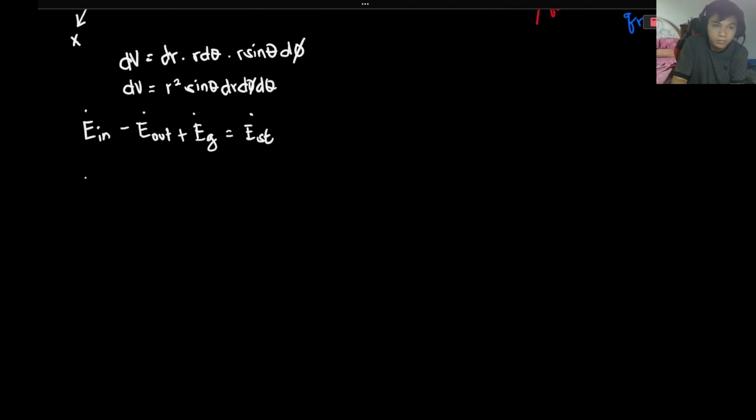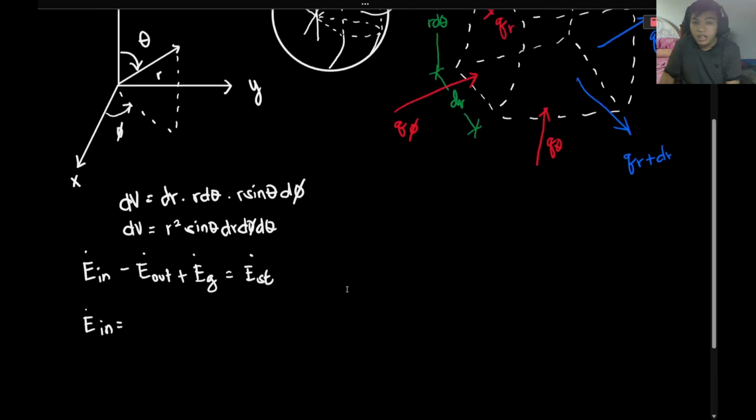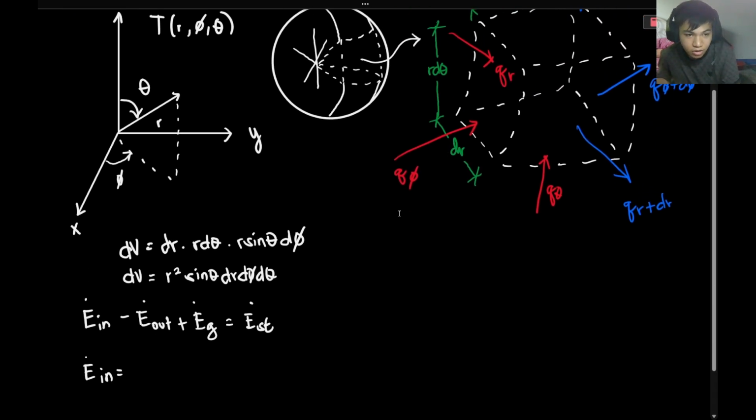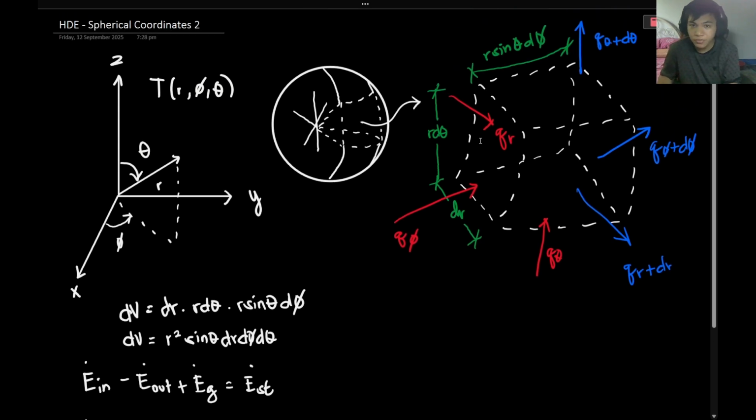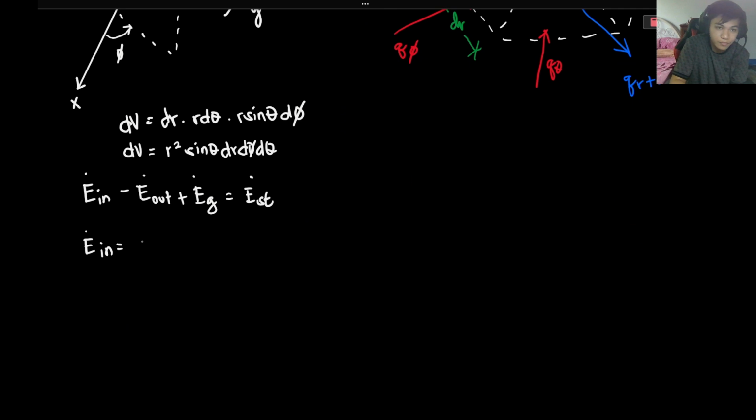For E in, let's look at all the energy entering, the ones highlighted in red. So we have Q_r plus Q_phi plus Q_theta.